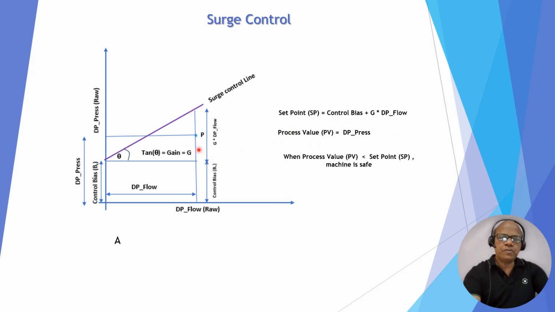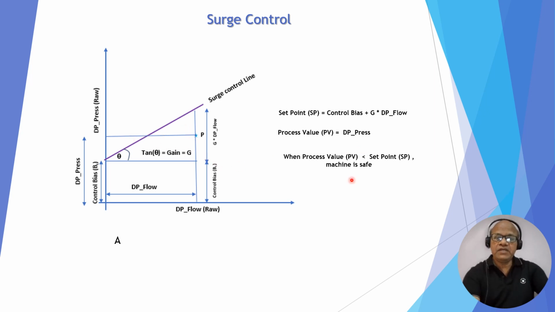So at any operating point, if you know the dp flow, just multiply it with G and add the control bias. The control bias is a fixed number after setting the surge. G is also fixed, the only variable is the dp flow here. So the set point is now known. The process value is dp pressure.